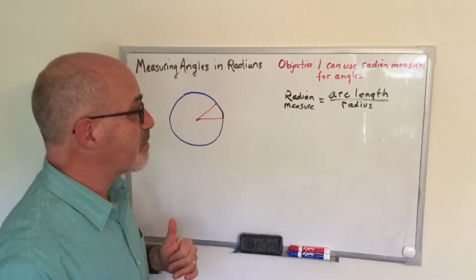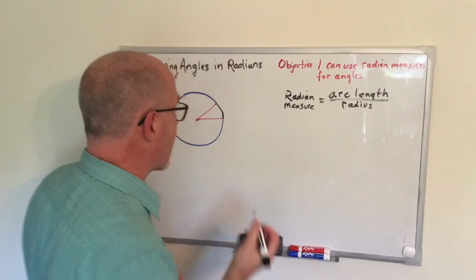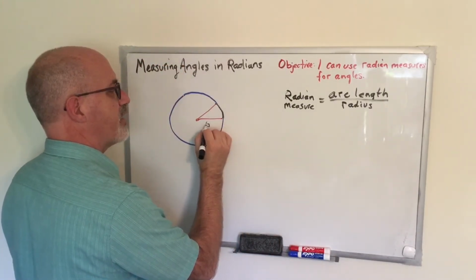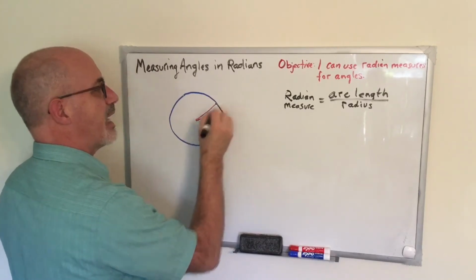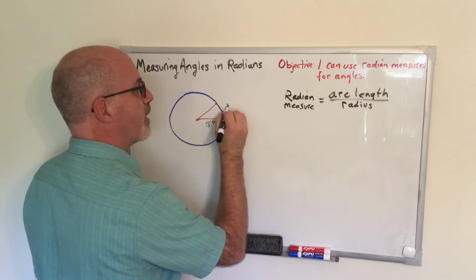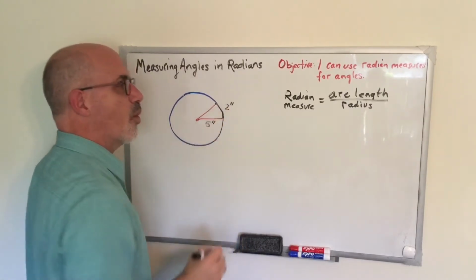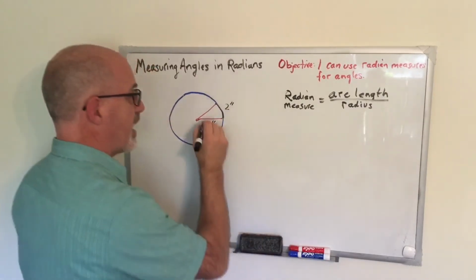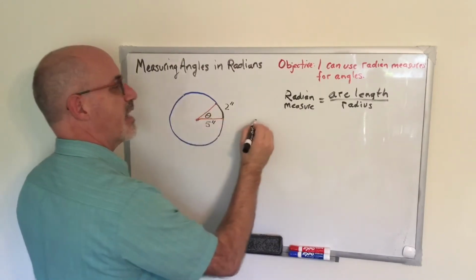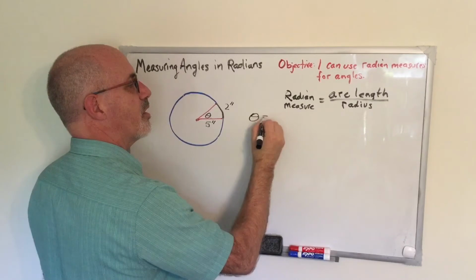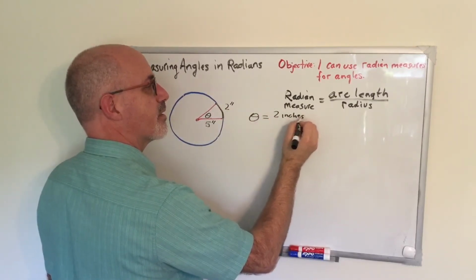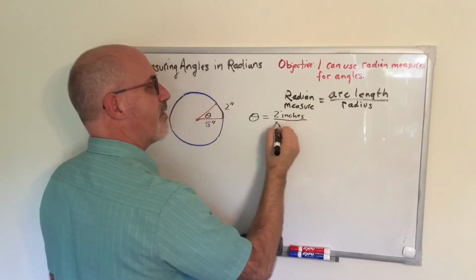So let's try a specific example of this. Let's say that in this circle, this radius is 5 inches. And up here, this arc length is measured to be 2 inches. The radian measure of this angle, I'll call it theta, is just going to equal 2 inches over 5 inches.